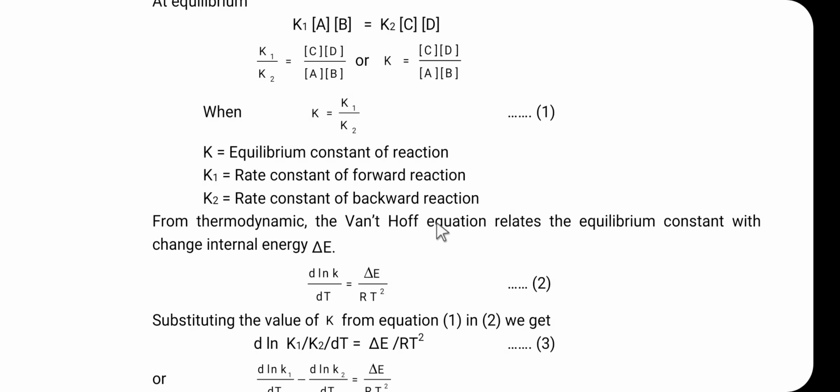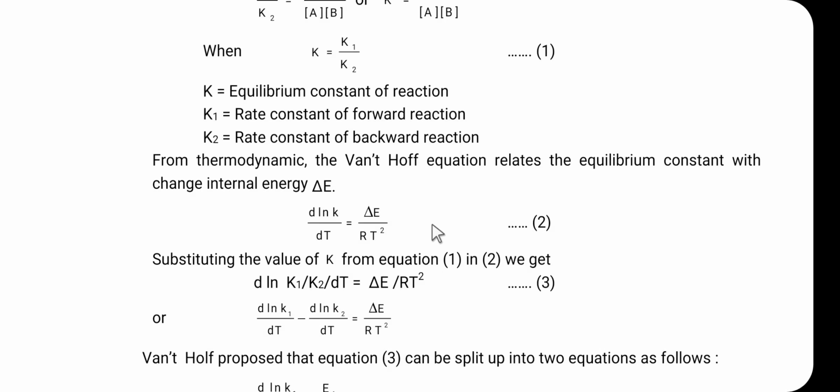In thermodynamics, the van't Hoff equation relates the equilibrium constant with the change in internal energy, that is delta E, and here d ln K by dT is equal to delta E upon RT square. This is equation number 2.